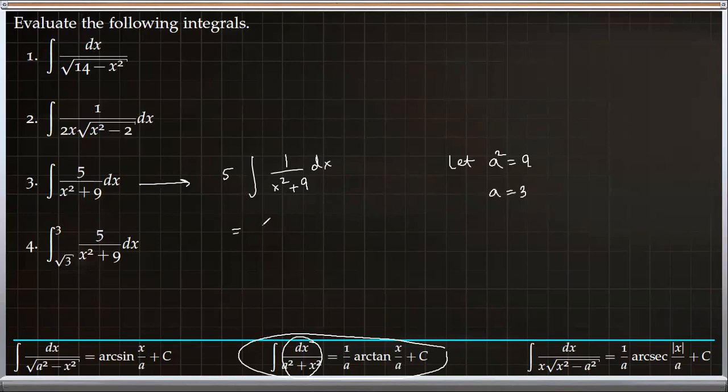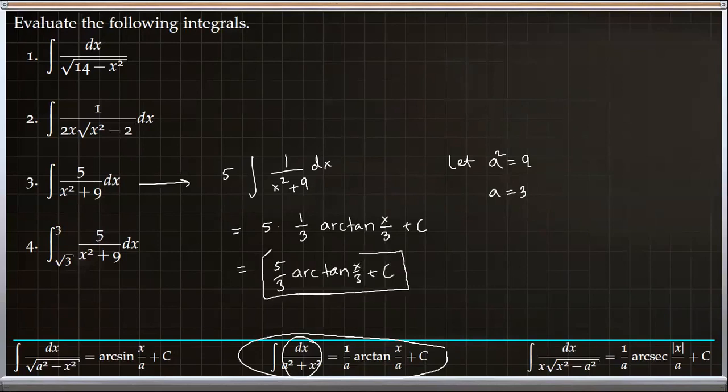Then this becomes 5 times 1 over a, which is 1 over 3, arc tan of x over 3 plus constant. So we get 5/3 arc tangent of x over 3 plus constant. Okay, this is the third integral.